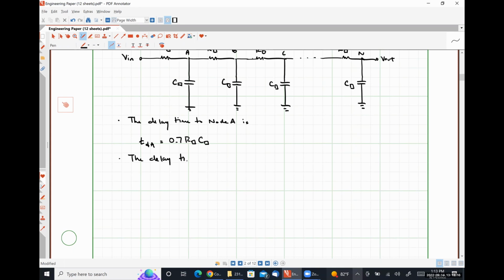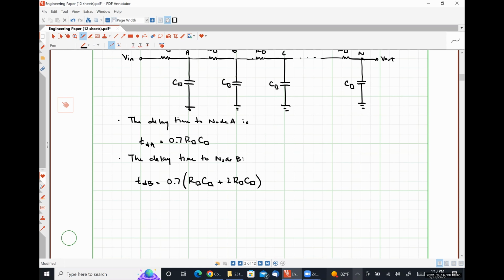The delay time to node B, TDB, is equal to 0.7 times R square C square plus 2 R square C square.